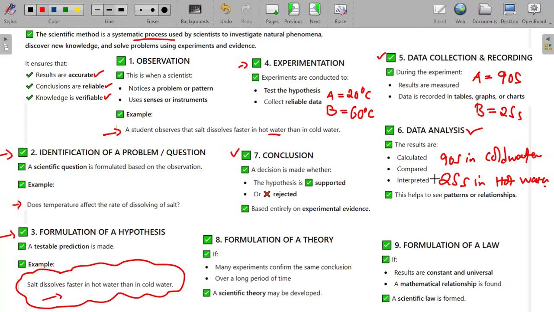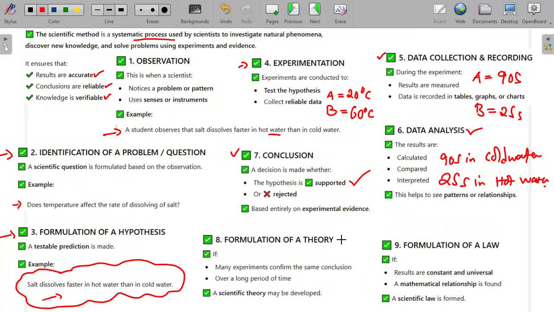We can see from the experiments that this hypothesis is supported. So in the conclusion, we say the hypothesis is what? Supported. Why are we saying that? Because from the experiment, we've seen that the salt dissolved much faster in the hot water than the cold water.